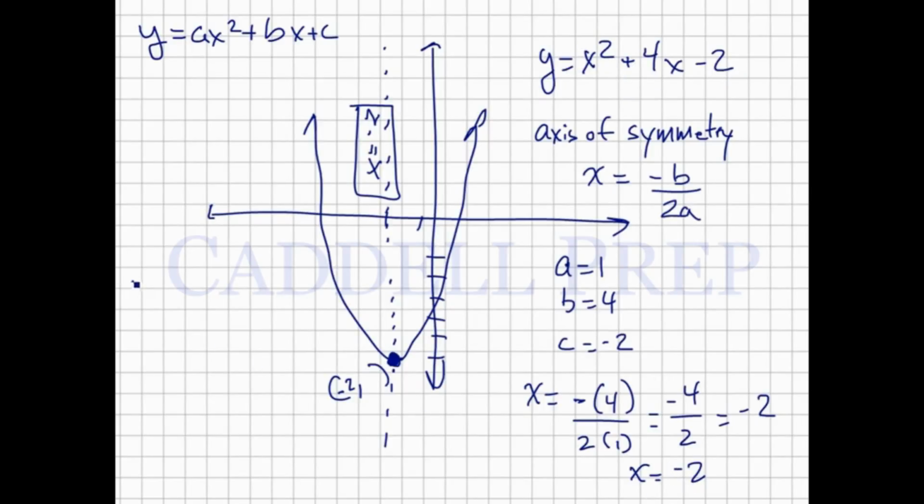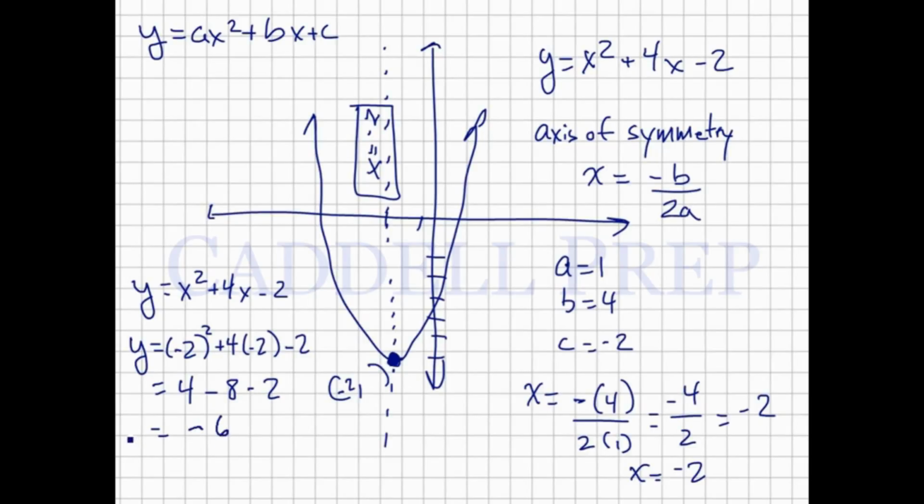So let's start with the function. y equals x squared plus 4x minus 2. And we know that at the vertex, x is negative 2, so we substitute it in. Negative 2 squared is 4. 4 times negative 2 is negative 8, so we have 4 minus 8 minus 2. 4 minus 8 is negative 4, and minus 2 is negative 6.